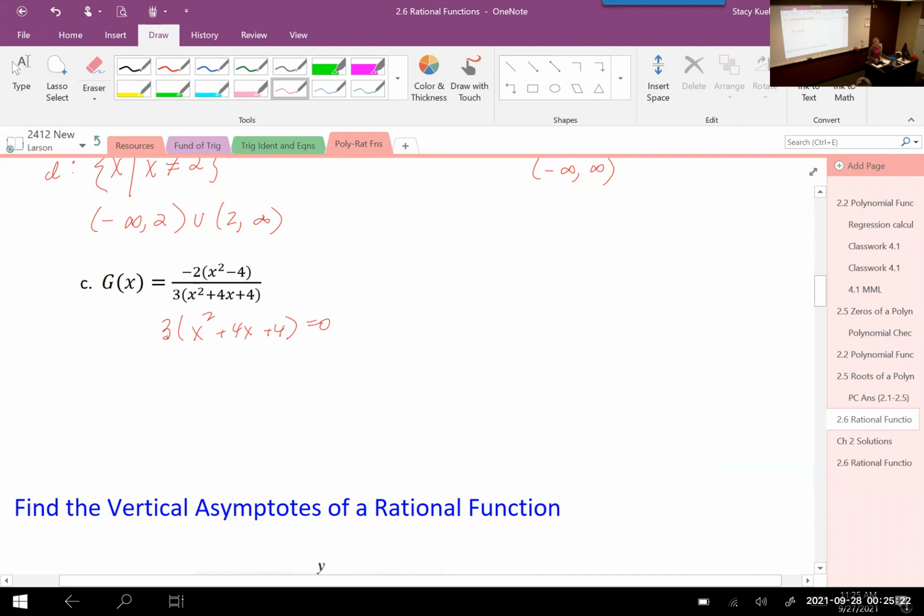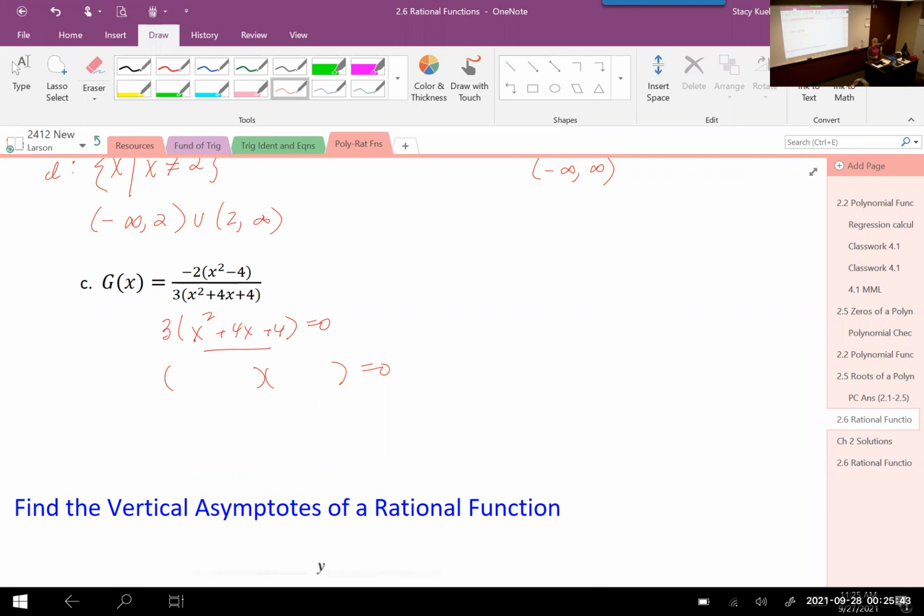Well, 3 divides off, doesn't it? So if I divide both sides by 3, I'm just left with X squared plus 4X plus 4. Now, what does that factor into? I have 3 terms here. The first is a perfect square. The last is a perfect square.